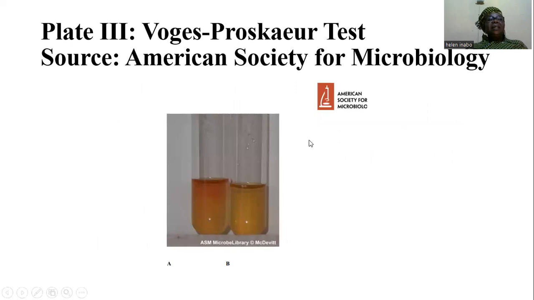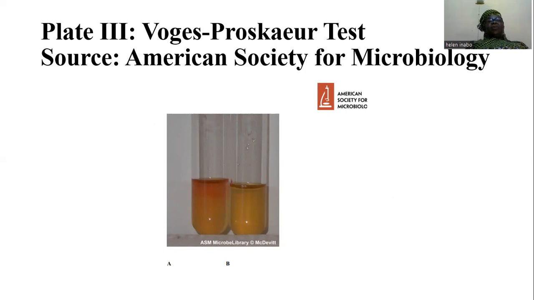Here is a plate showing two tubes. The tube on the left is a positive VP test or Voges-Proskauer test, and this is not Escherichia coli.